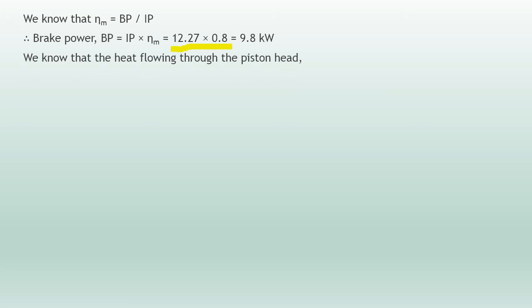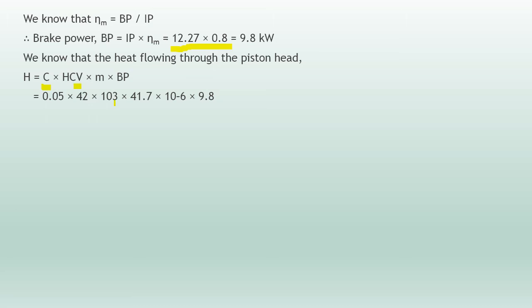So also we know that the heat flowing through the piston head is H equal to C into higher calorific value into m into BP. Now put all the values over here, but you have to consider C equal to 0.05, HCV equal to 42 into 10 to the power 3.